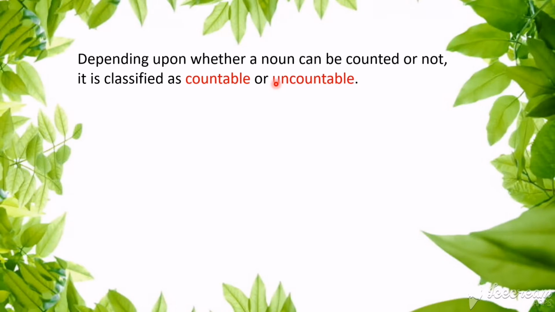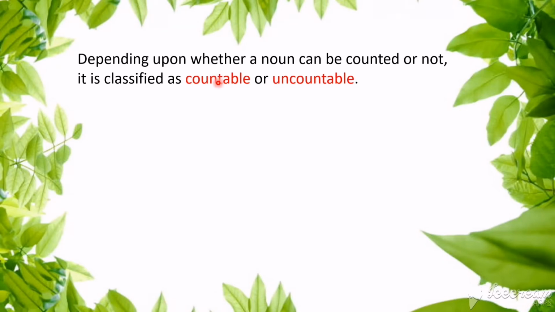Okay, now depending on whether a noun can be counted or not, it is classified as countable or uncountable. If a noun can be counted, then that is called a countable noun.